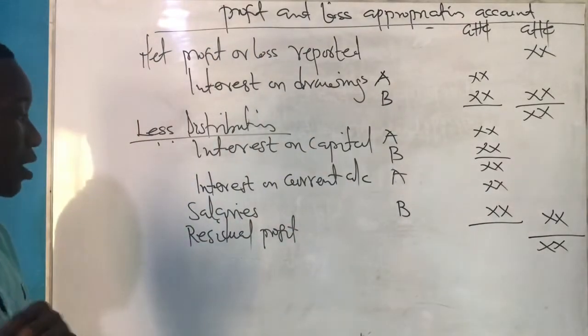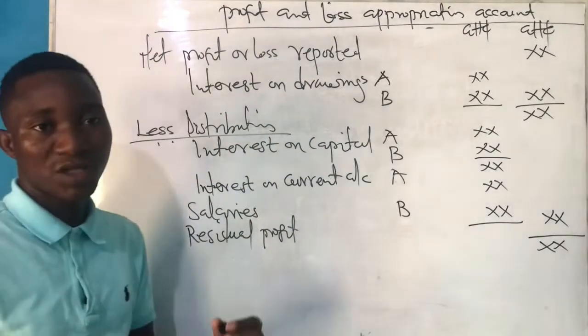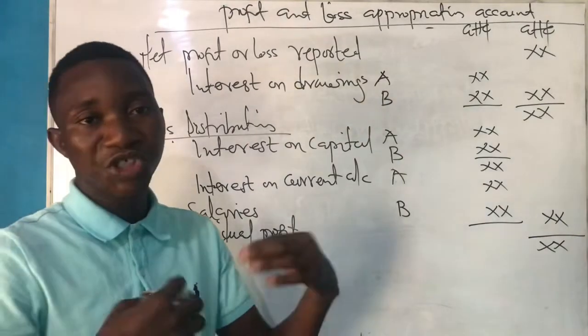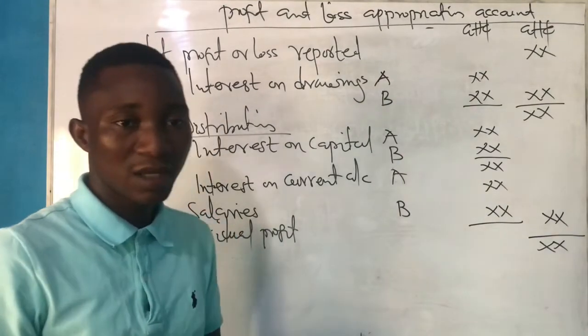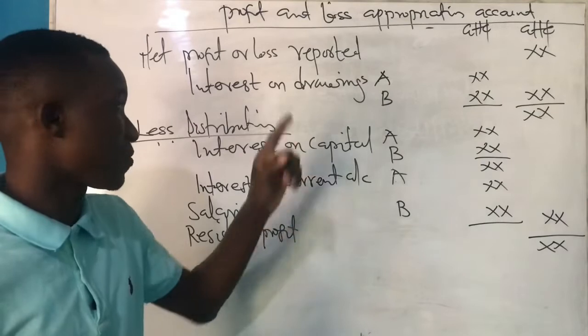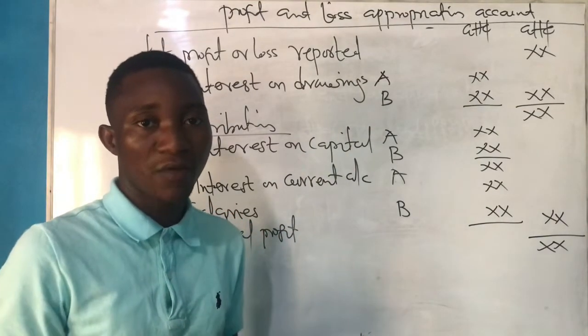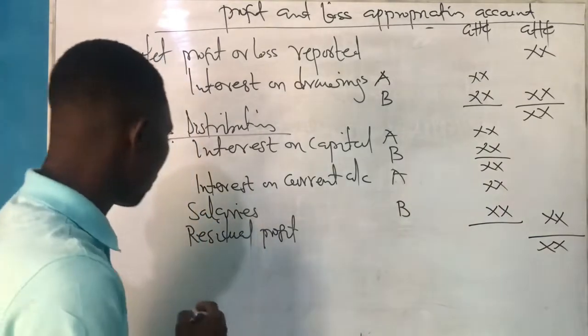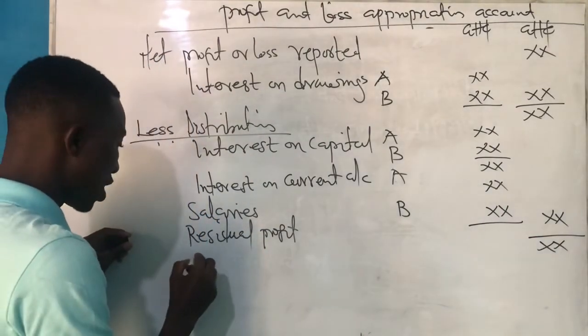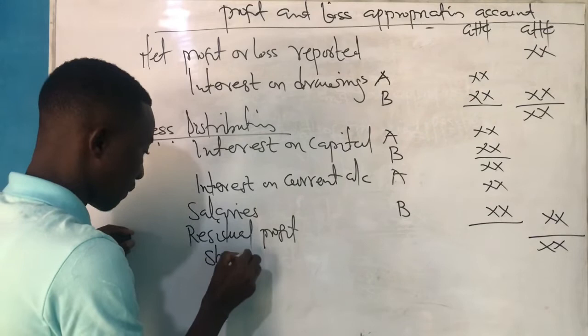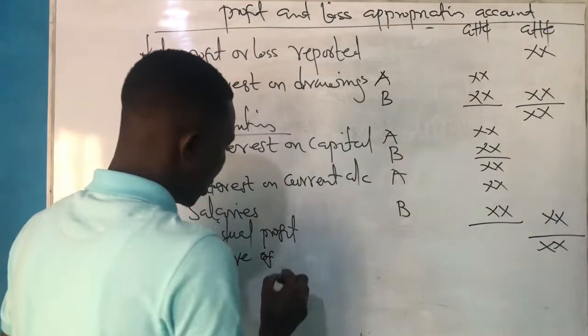Now that we are able to ascertain our residual profit, we are going to share this residual profit among the partners, that is partner A and B, based on the agreed profit or loss sharing ratio. So we have share of profit.